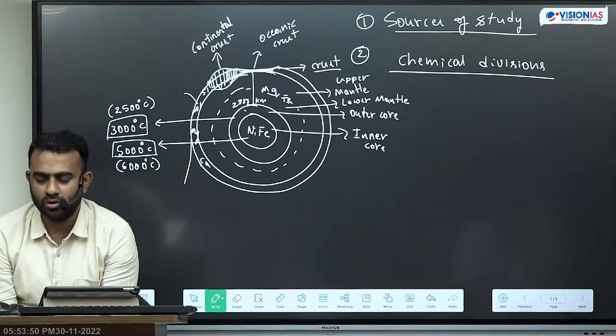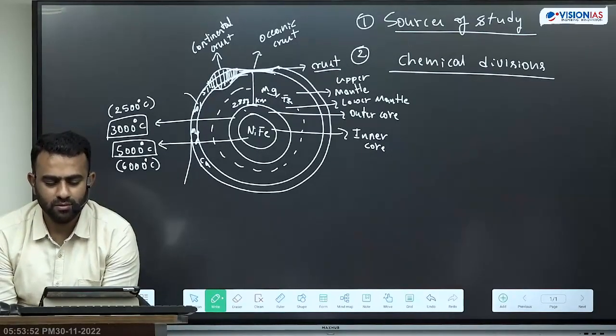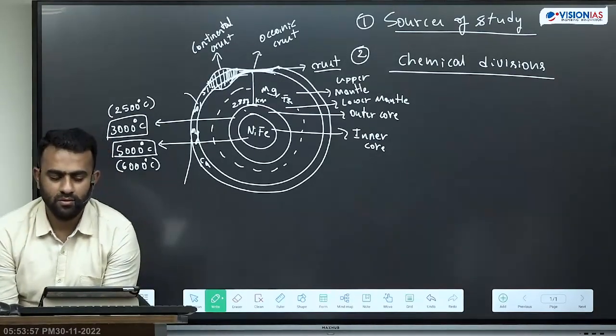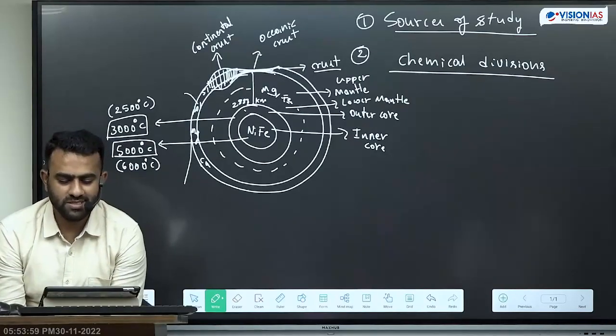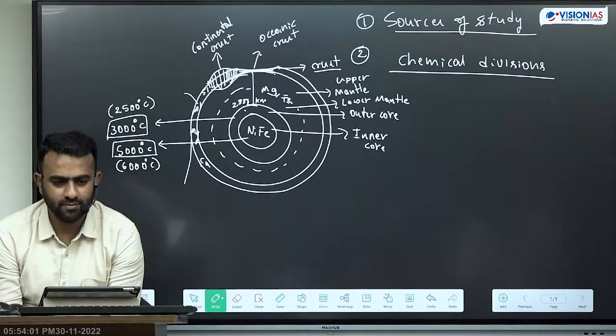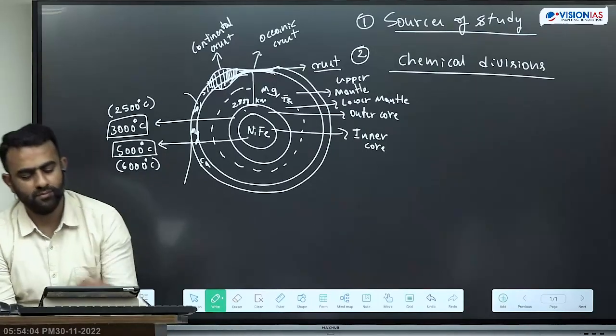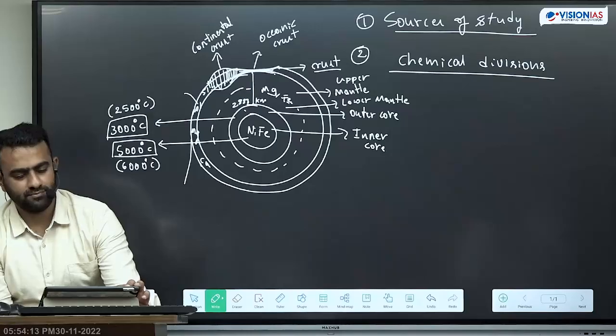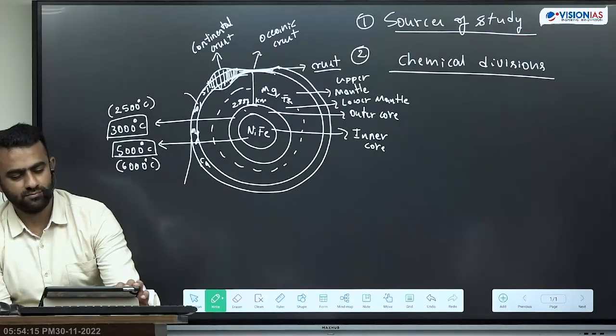So next, core. It is the innermost and the densest layer.